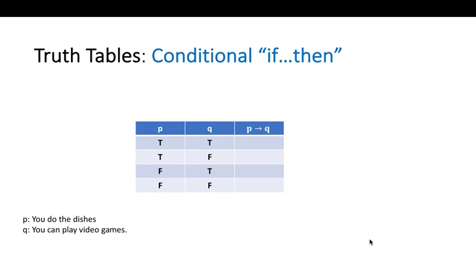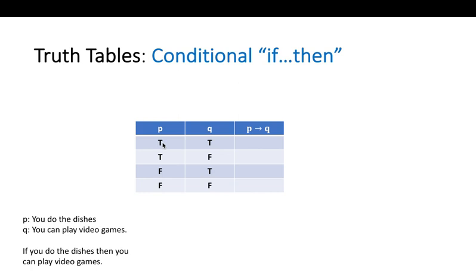All right, this one seems to trip people up a little bit. So let's think about this. This is the conditional. This is the if-then. So let's take these statements. You do the dishes. You can play video games. Let's put this in an if-then statement. If you do the dishes, then you can play video games. So think of the different scenarios.